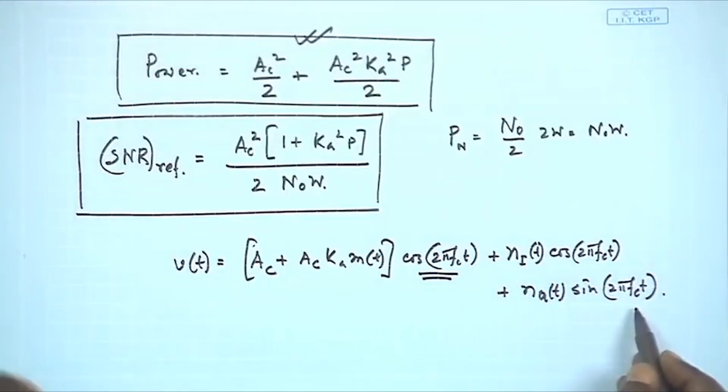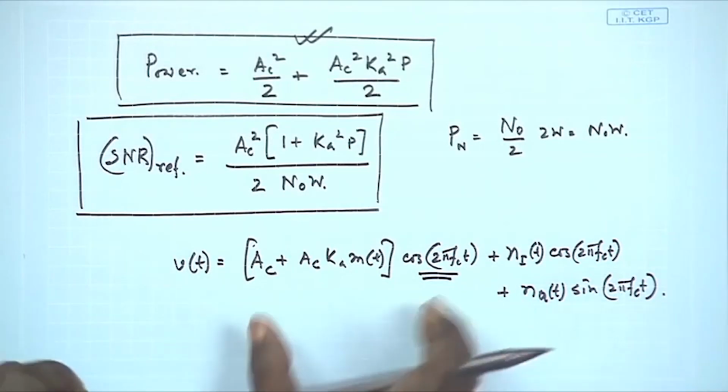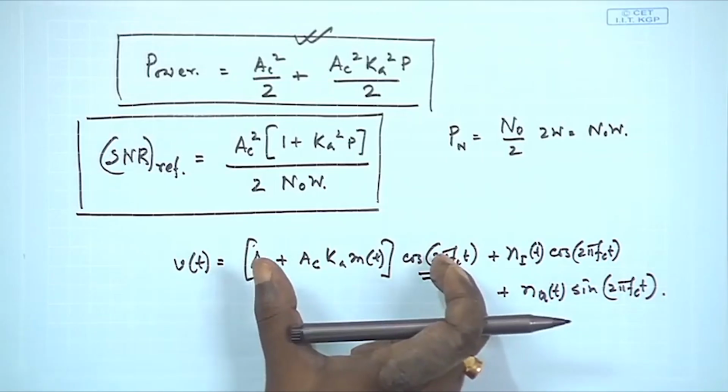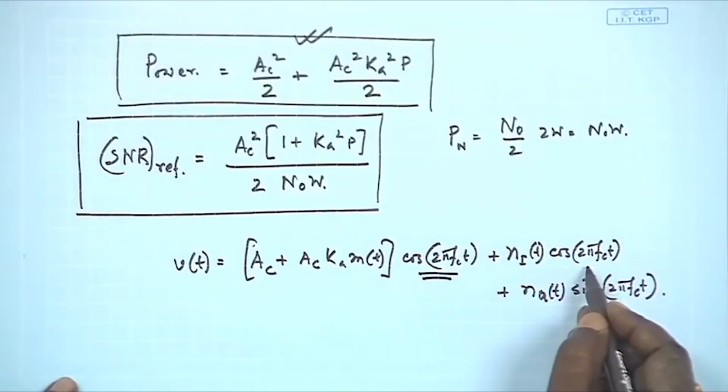We know how to calculate the envelope: it should be the square root of the coefficient of cos squared plus the coefficient of sin squared. We have already derived this part. So, let us see the coefficient of cos.